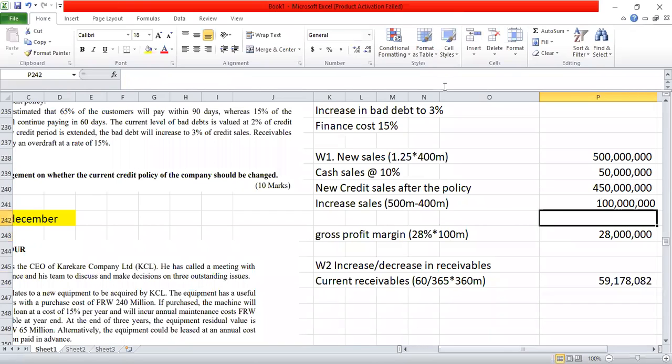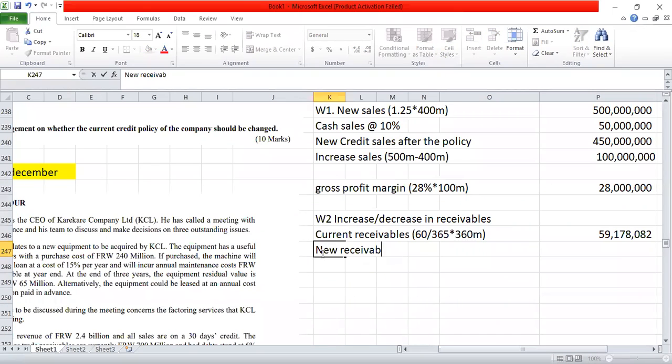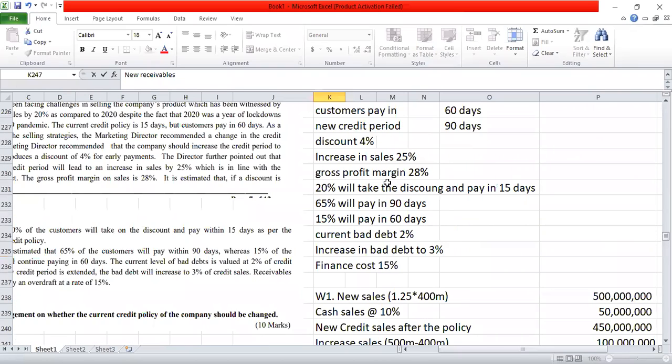I think there's no mistake now. What's going to be the new receivables? Remember, we have three groups: 20% of the customers will pay in 15 days, 65% are going to pay in 90 days, and 15% are going to pay in 60 days.